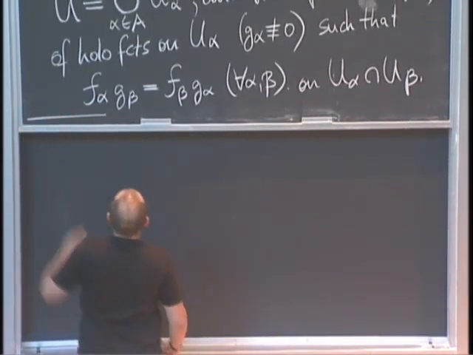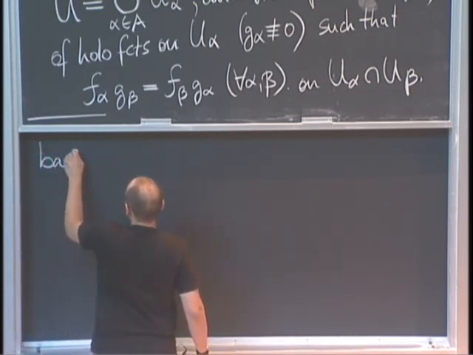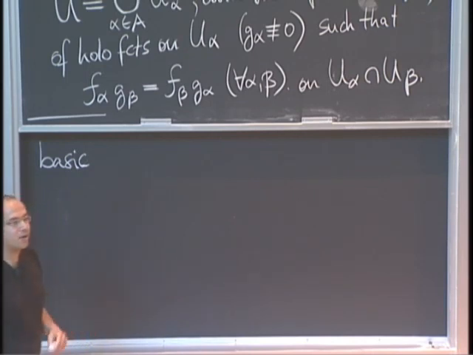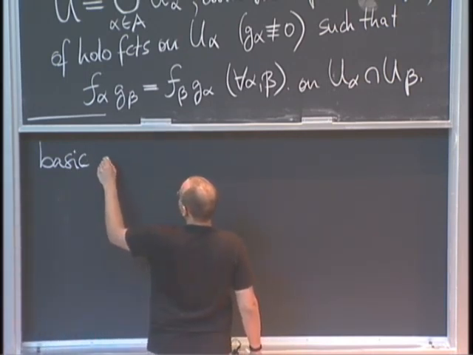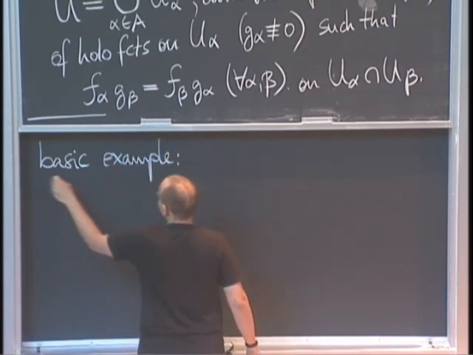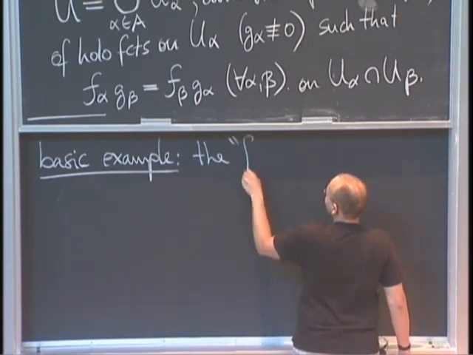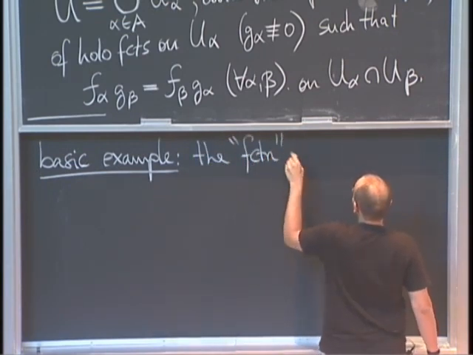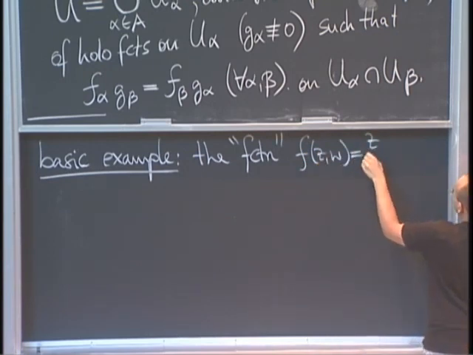That's just a definition, and I want to give you one basic example that really shows you what's going on in higher complex dimensions, where they are really different from a single complex variable. It's a basic example, and it's really fundamental. The function f(z,w) equals z over w on C^2.